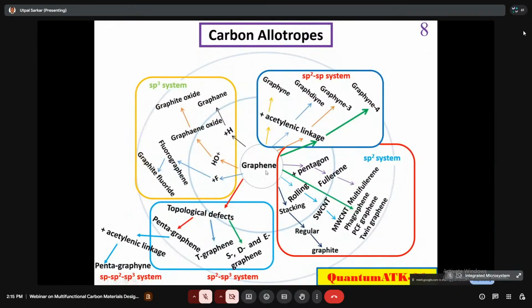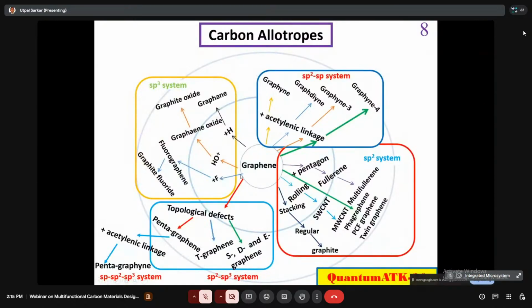Now from graphene you can also get sp2 hybridized systems, like when you roll this graphene, you will get single wall carbon nanotubes and multi wall carbon nanotubes, and if you stack layers one after another, then you will get graphite. Similarly, if you include pentagons and then roll it, you will get fullerene and multishell fullerenes, and these systems are basically sp2 hybridized systems.